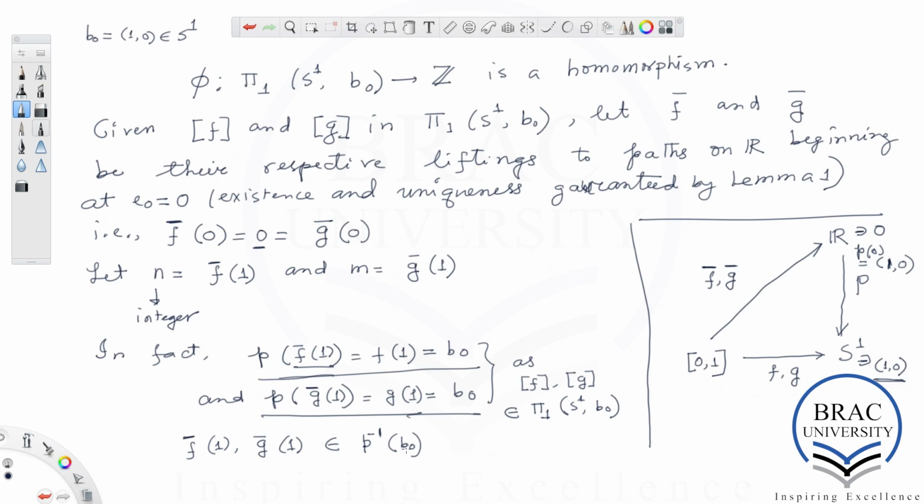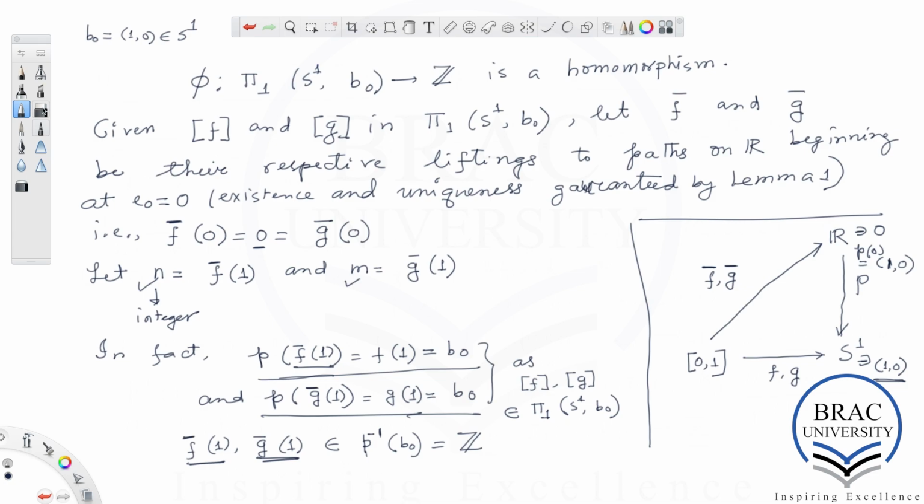And the inverse image of 1, 0 under this covering map P is the set of integers, right? So f bar of 1 is taken to be n and g bar of 1 is taken to be m, two integers.